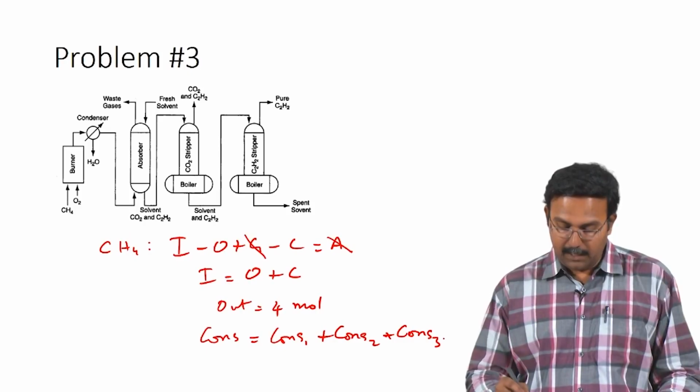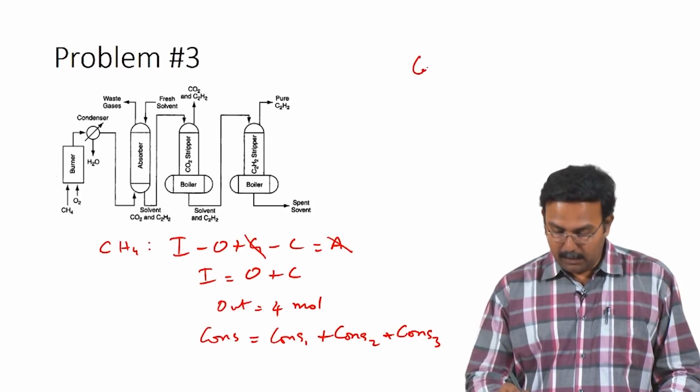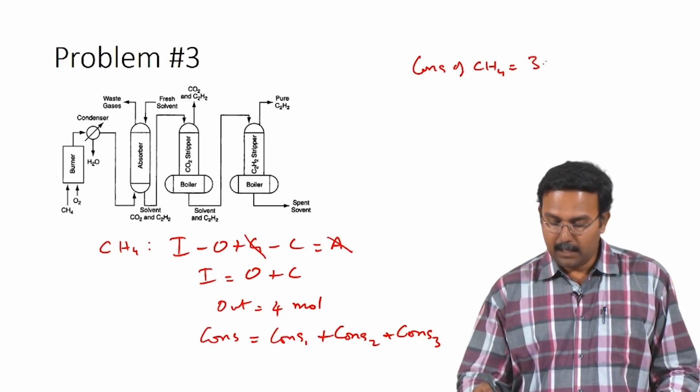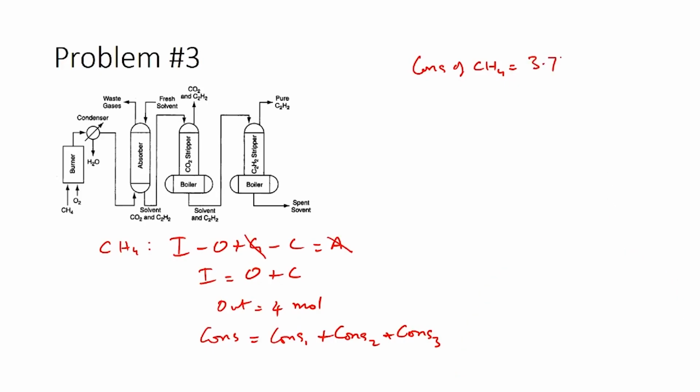Using that stoichiometry, we can calculate the consumption of methane as 3.7, the moles of carbon dioxide generated, plus 58.3, the moles of carbon monoxide generated, plus 8.5 times 2, where 8.5 is the moles of acetylene generated, and we multiply by 2 because 2 moles of methane are consumed per mole of acetylene, which is the stoichiometric coefficient.